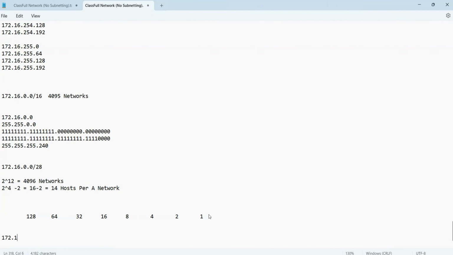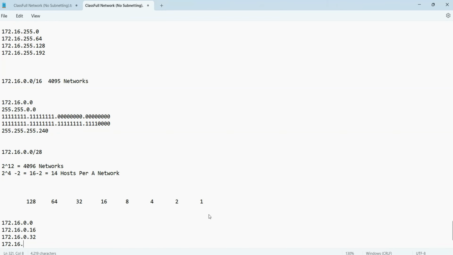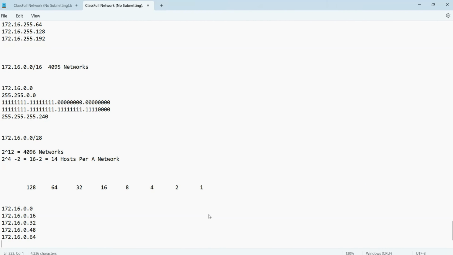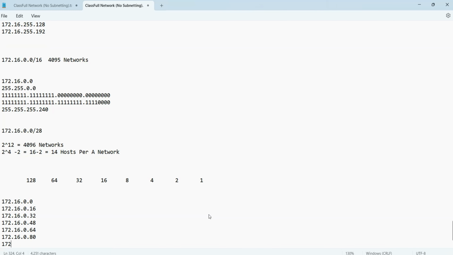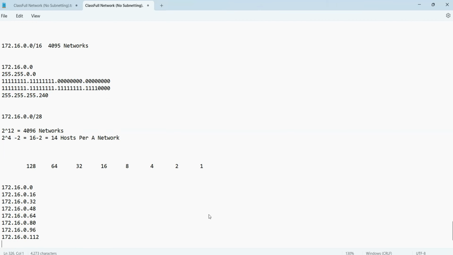Okay, so my first network is 172.16.0.0. Then what do I do? 0 dot what? What is it jumping by? 16. Okay. 172.16.0 dot what? 32. 172.16.0 dot what? 48. 48 and 16 is what? 64. Then 80. Then 96, 0 dot 112.